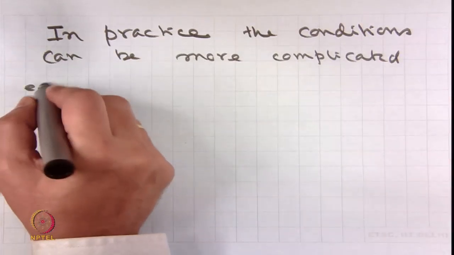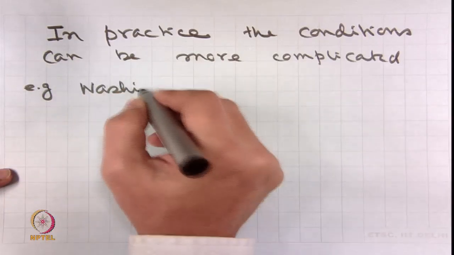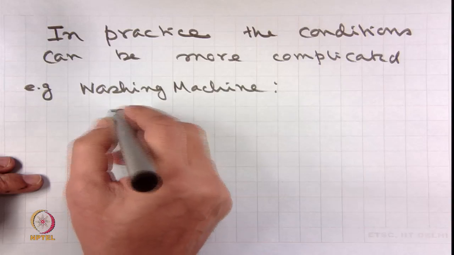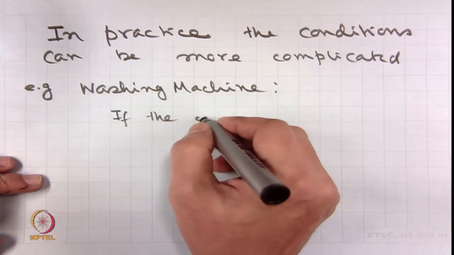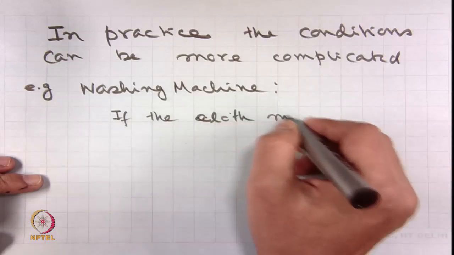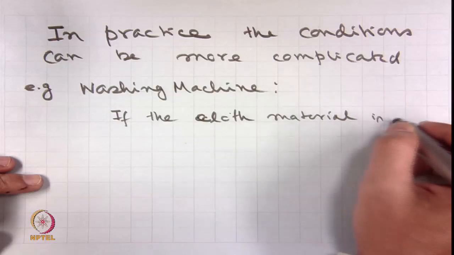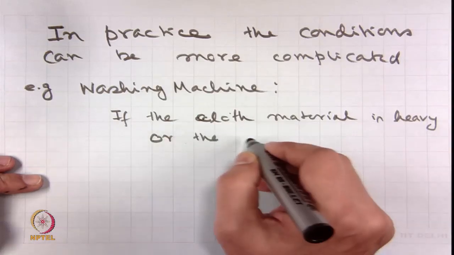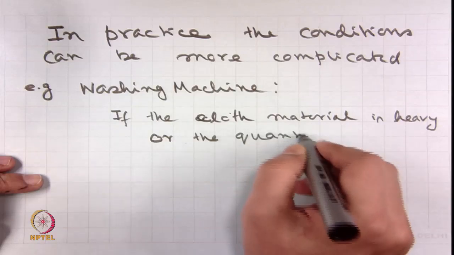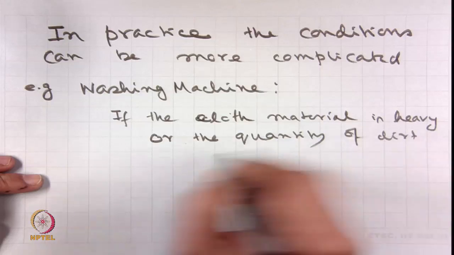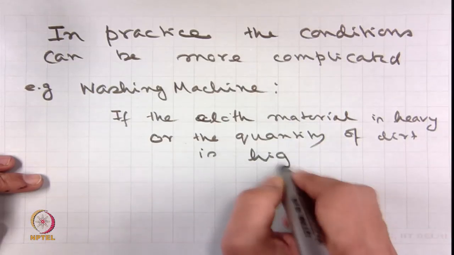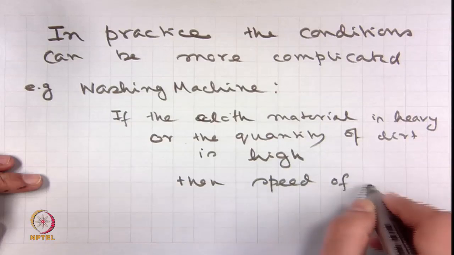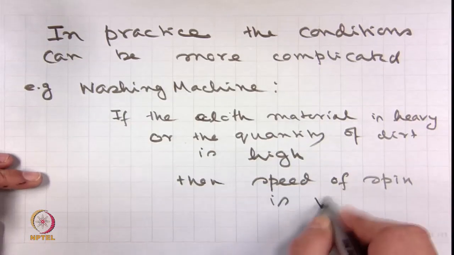For example, with respect to a washing machine, one can say if the cloth material is heavy or the quantity of dirt is high, then speed of spin is very high.